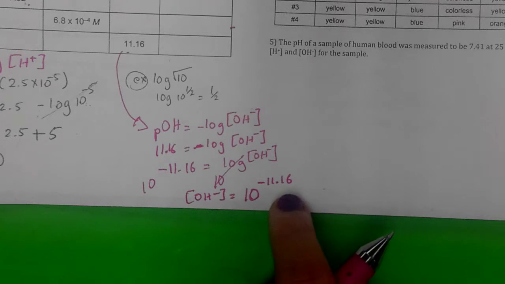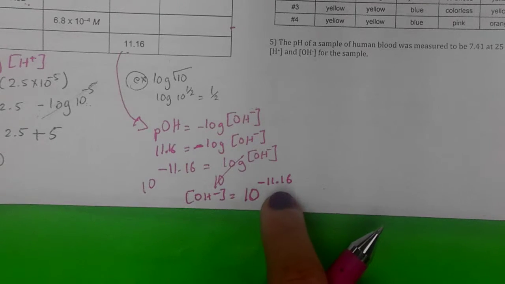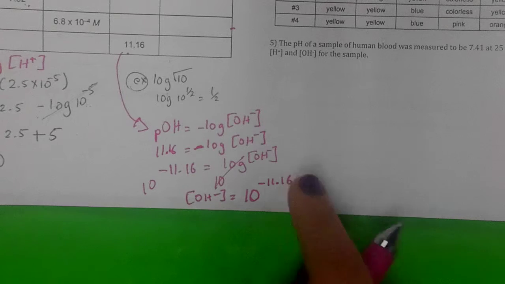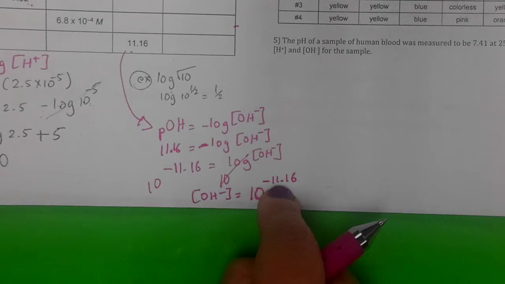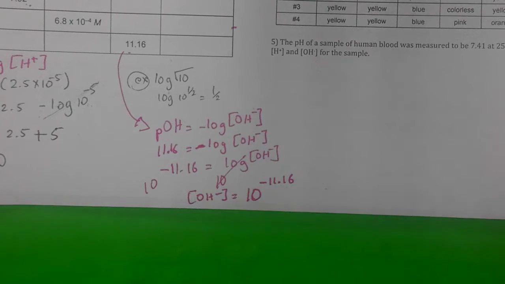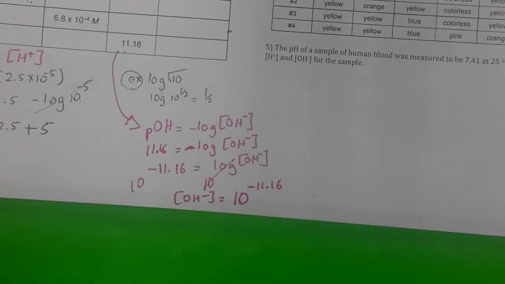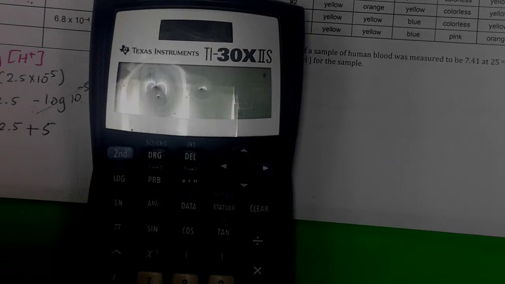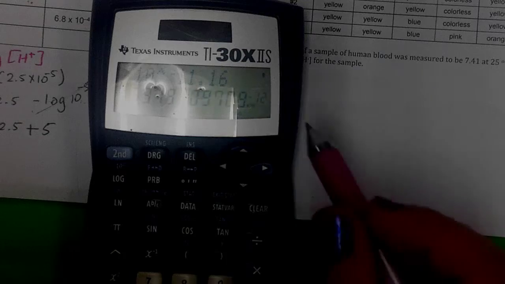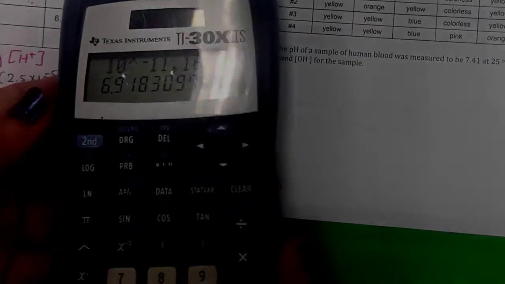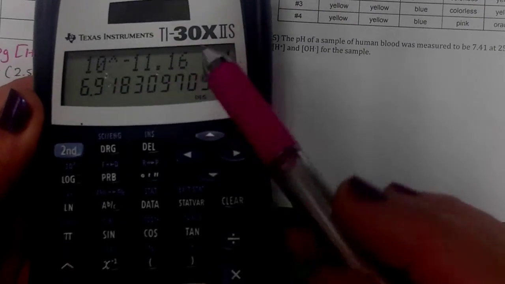Basically, simply put, if you were thinking about this, you will see that that's going to give you some decimal answer. So your answer would actually be smaller than 10 to the negative 11, when you write it out. So 10 to the negative 11.16, you will see it's going to be smaller than 10 to the negative 11.